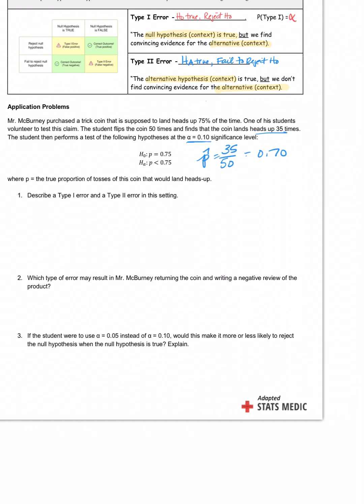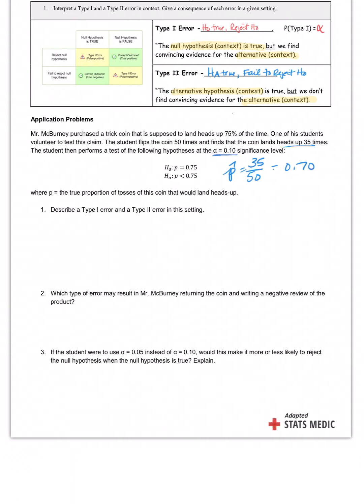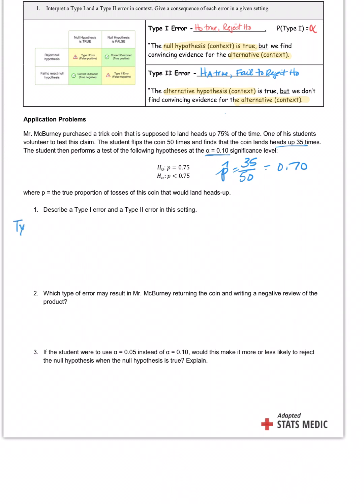So, type 1, type 2 error, describe it in the setting. So here we go. Type 1. Type 1 error means we rejected the null, but the null was true. So we would say the coin works as expected, because that's what the null means, right?